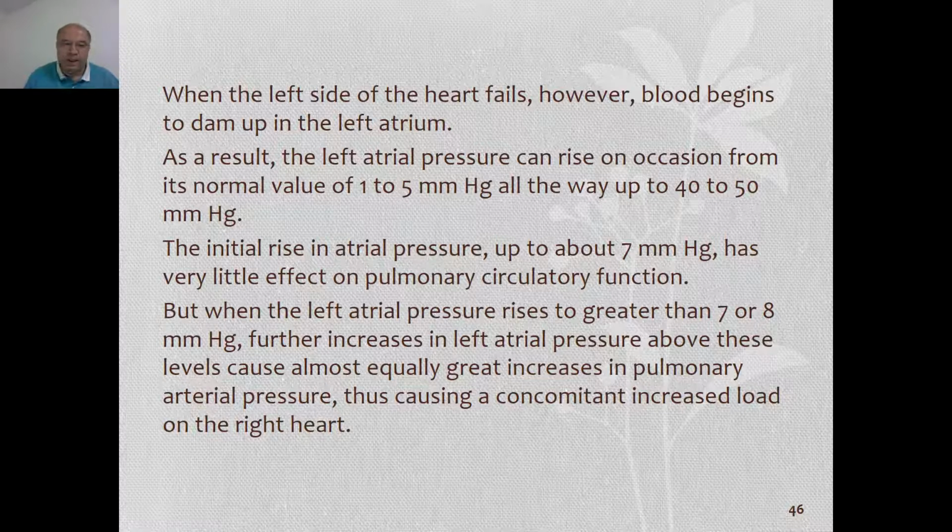But when the left atrial pressure rises to greater than 7 or 8 mm mercury, further increases in left atrial pressure above these values cause almost equally great increases in pulmonary arterial pressure, thus causing a concomitant increased load on the right heart.